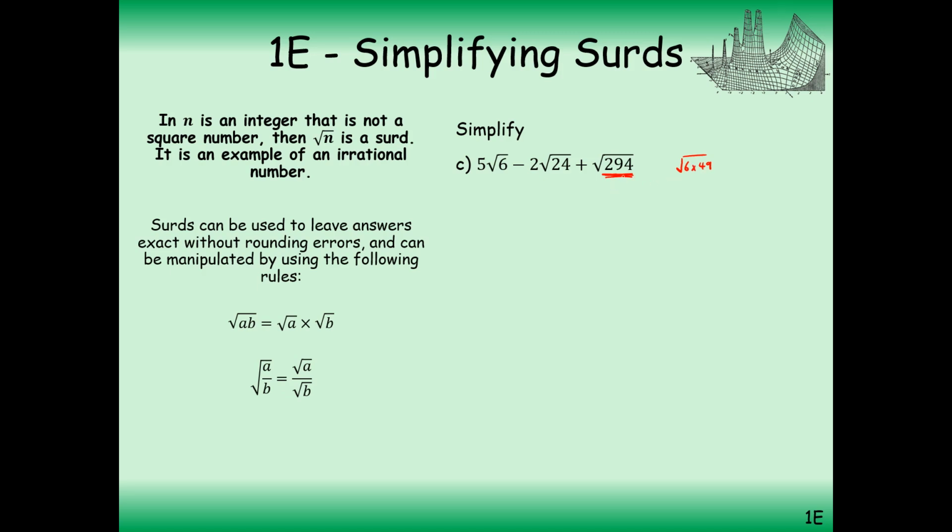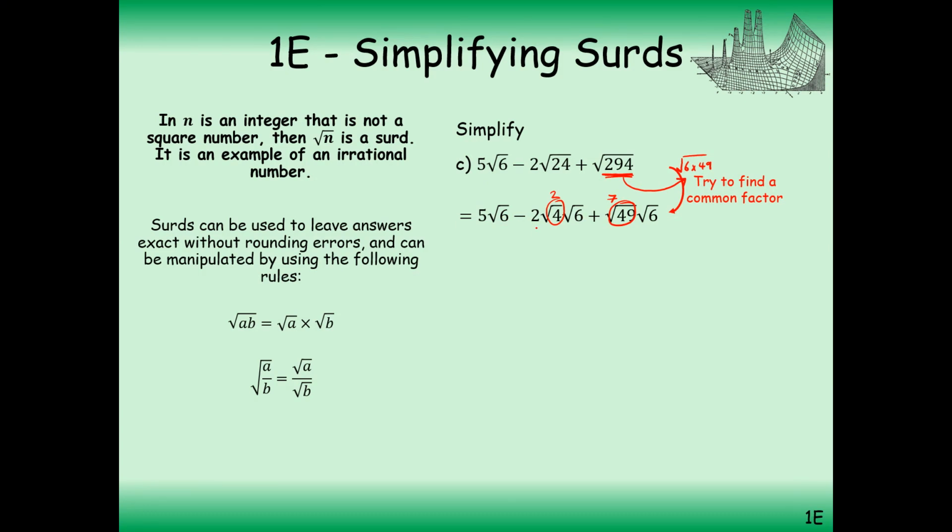Okay, so you can factor a root 6 out of every term here. You end up with this expression. Splitting 24 into 4 times 6 will give you this. So then we can evaluate. This root 4 is another 2, and this square root of 49 is a 7.